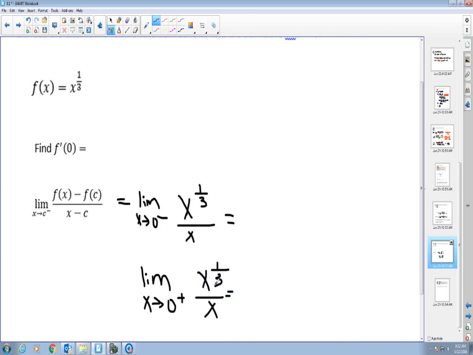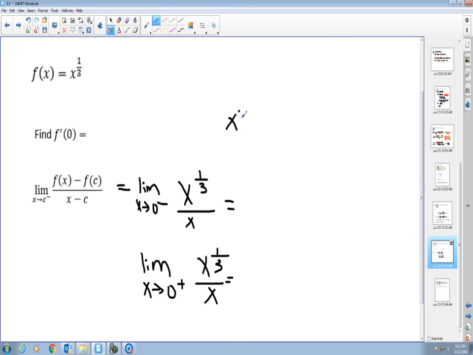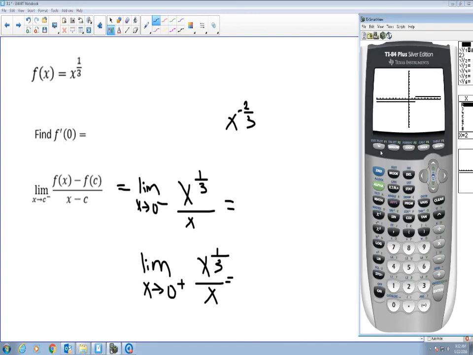By the way, x to the 1/3 over x is the same thing as x to the negative 2/3, you know, 1/3 minus 1 is negative 2/3. So in my graphing calculator, I'm simply going to type in x raised to the power of negative 2/3.